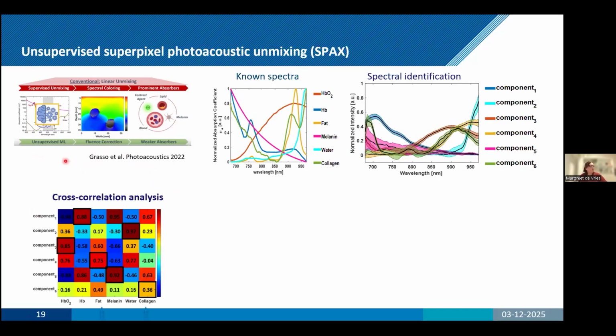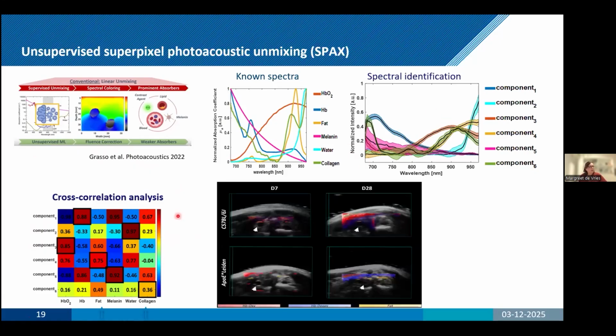And by using cross-correlation analysis, you can pick out these known absorbers as shown here. And with that, we could see, for instance, collagen, lipids, oxygenated and deoxygenated hemoglobin in our vein grafts.